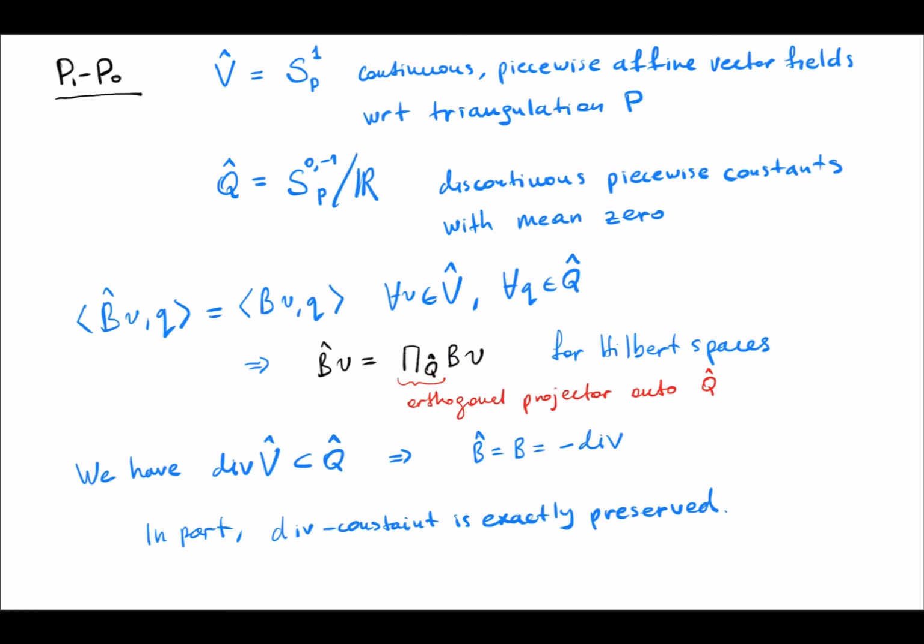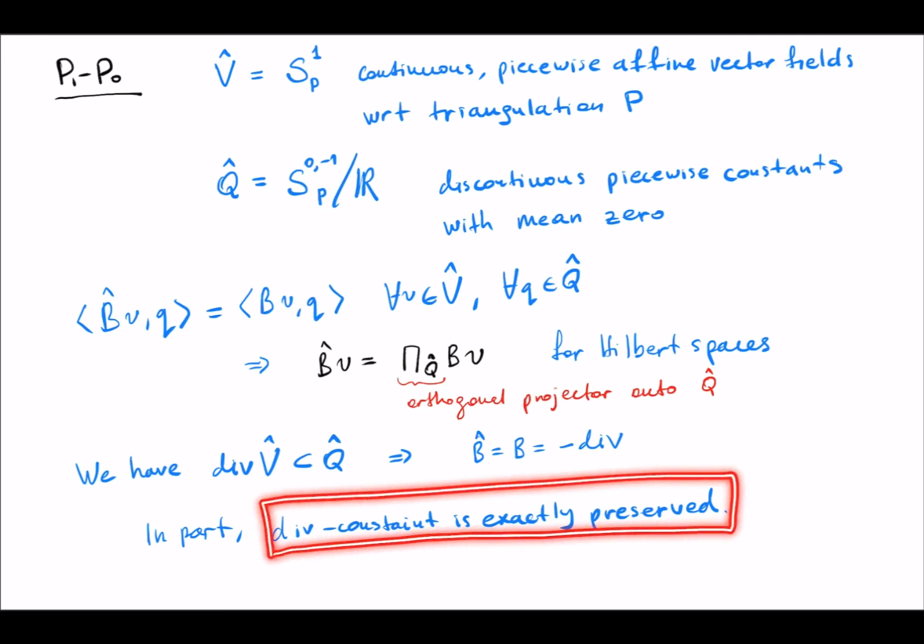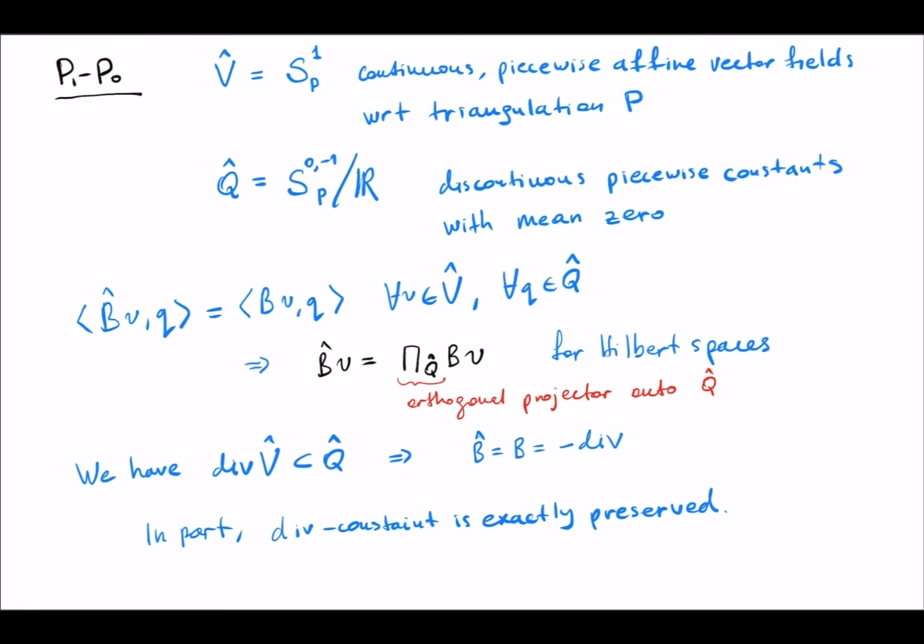In particular, remember in the Stokes problem, the second equation is B hat u equal to 0, and because B hat is actually the divergence itself, the divergence-free constraint will be exactly preserved in this case, which is a good property.